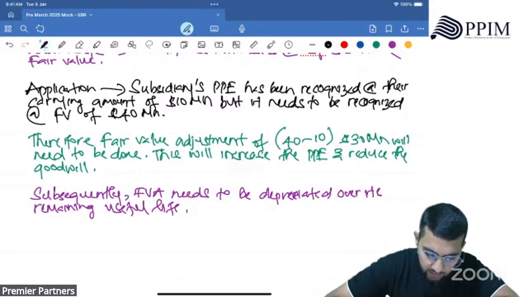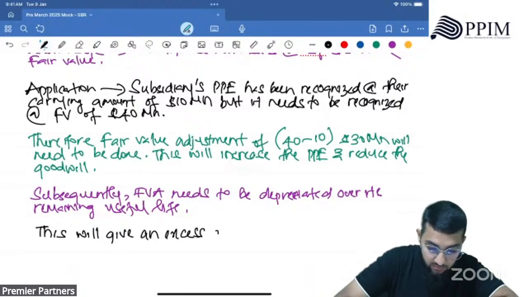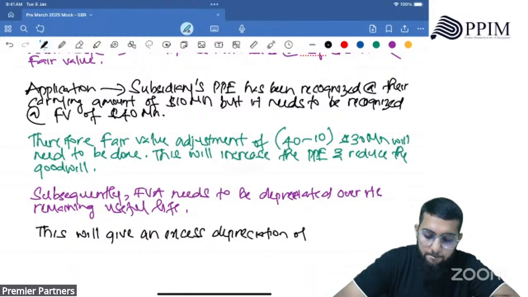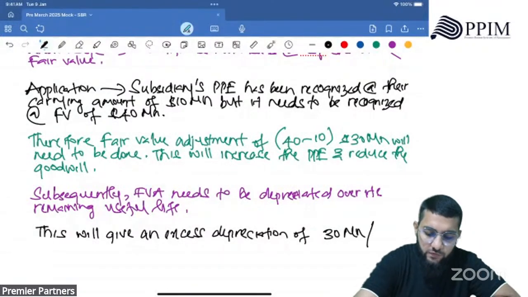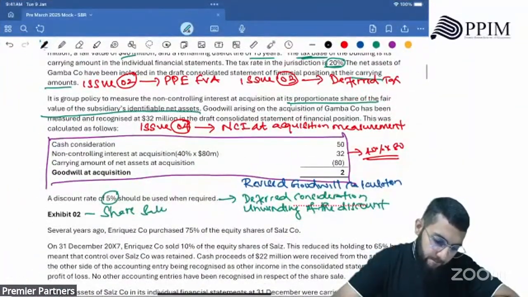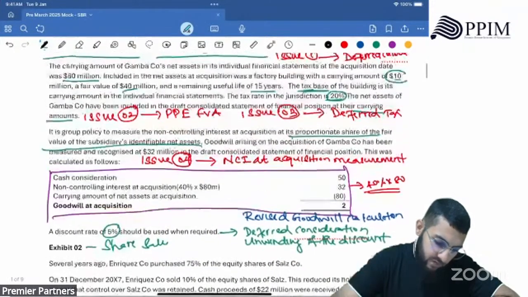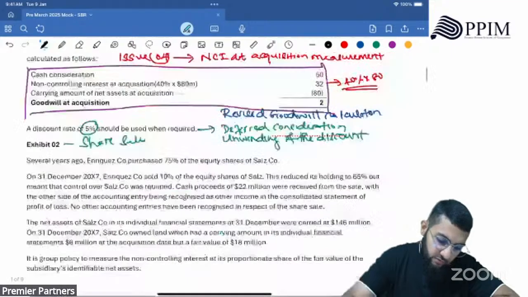Application: this will give an excess depreciation of 30 million over its remaining useful life. What's the remaining useful life here? Okay, they've given it here: 15 years. That's why highlighting these is very important.